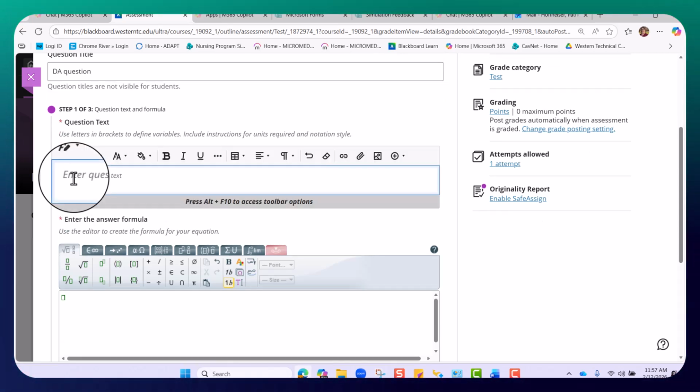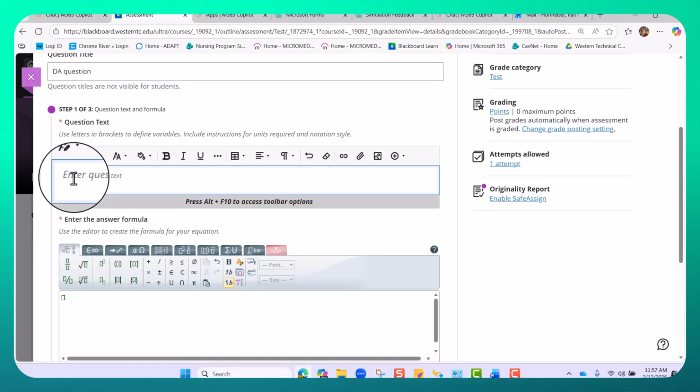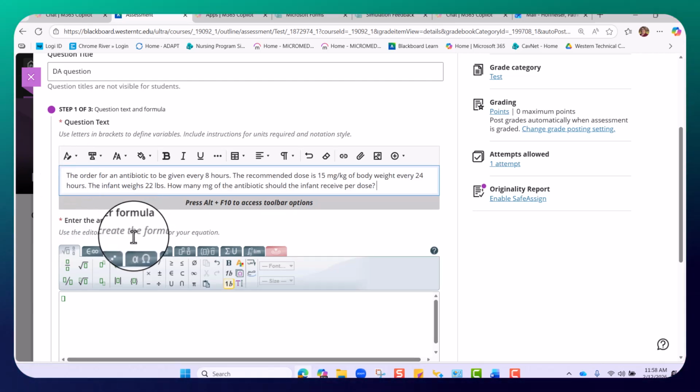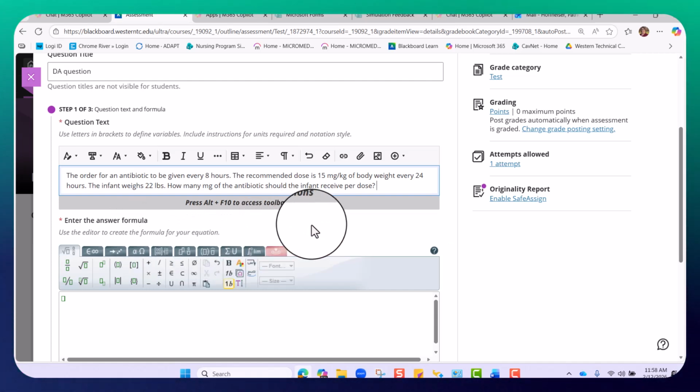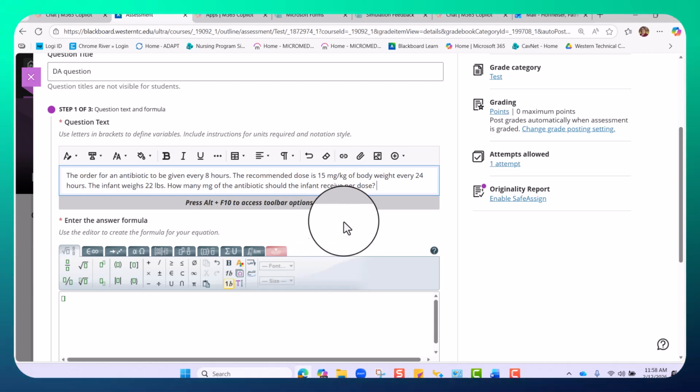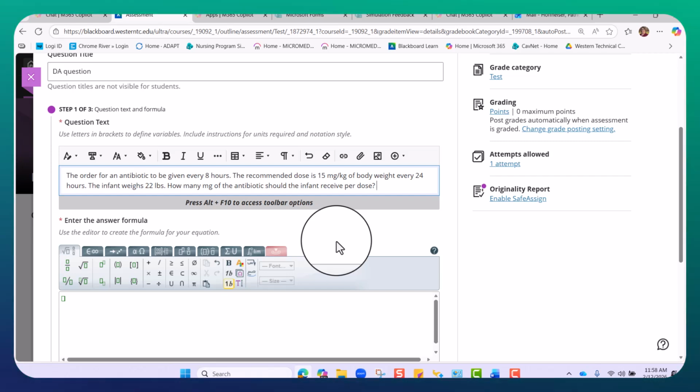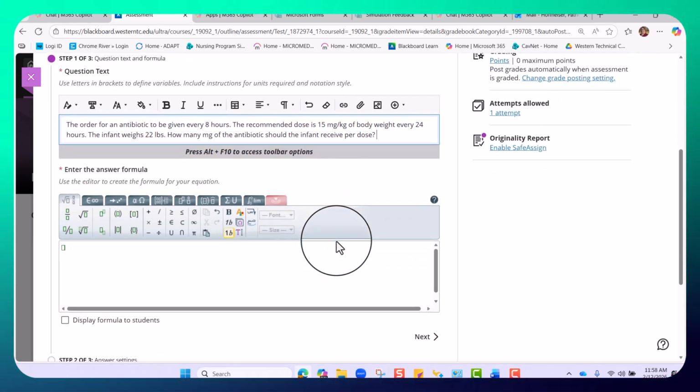And now let's enter in the question that I wanted. So there's my question. The order for an antibiotic to be given every 8 hours. The recommended dose is 15 milligrams per kilogram of body weight every 24 hours. The infant weighs 22 pounds. How many milligrams of antibiotics should the infant receive per dose?